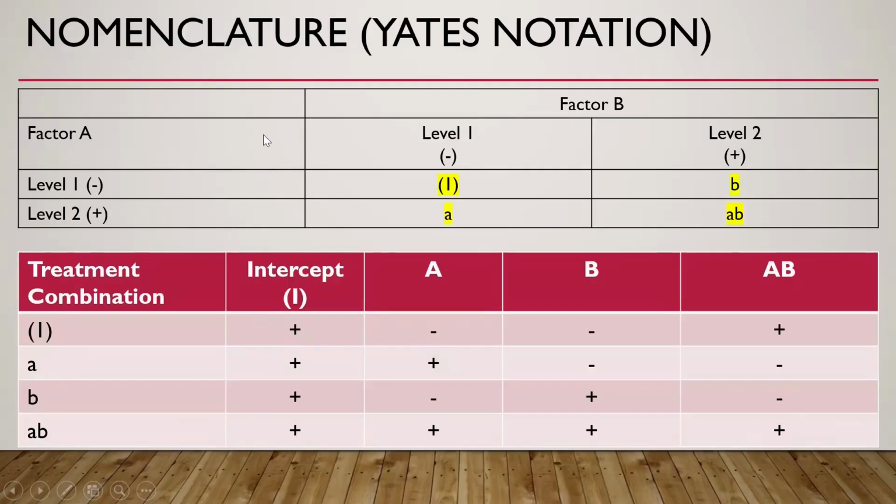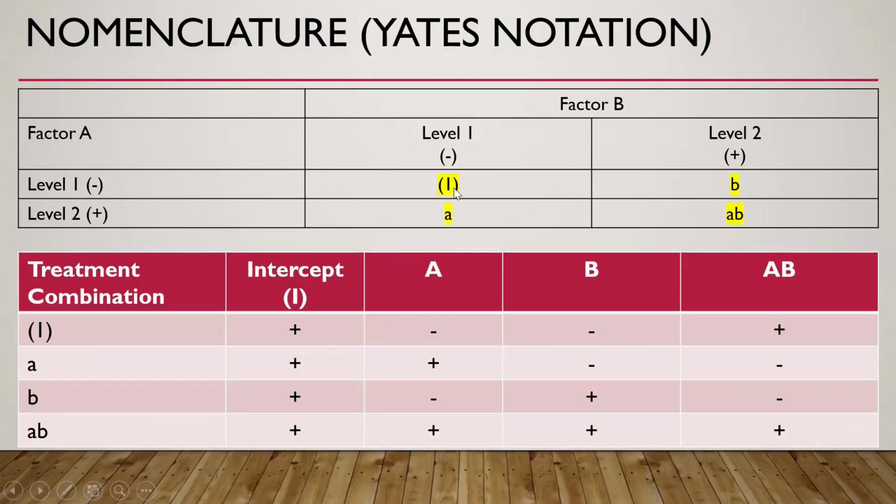So this is the nomenclature, and this is according to the Yates notation. If there are 2 factors, factor A with level 1, level 2, and factor B with level 1, level 2, by convention we assign minus to the first level and plus to the second level. Similarly for this factor. In this cell, we have level 1 of A factor and level 1 of B factor.